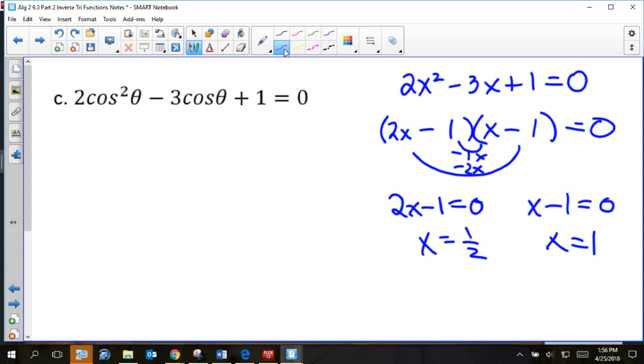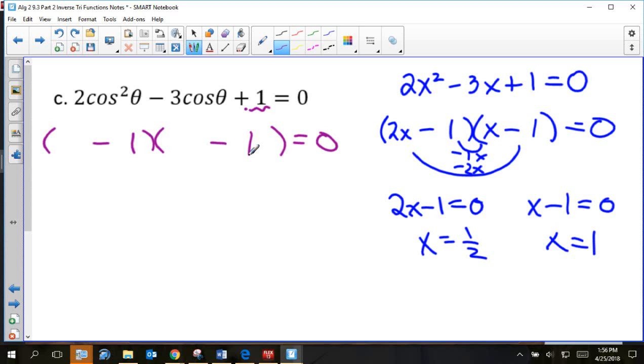So my first step is I notice this is a lot like a trinomial. I'm going to see if I can factor it. So when I go and guess and check factoring, my signs are both going to be the same. They're both going to be minus. How do I get this 1 in the last spot? 1 times 1, that has to be. How do I get 2 cosine squared theta in the first spot?